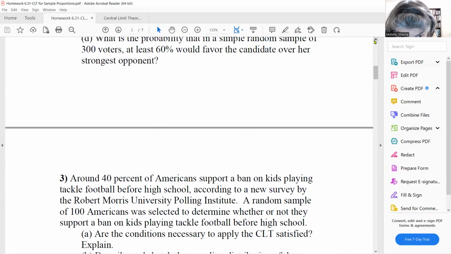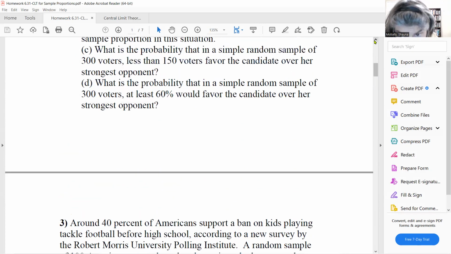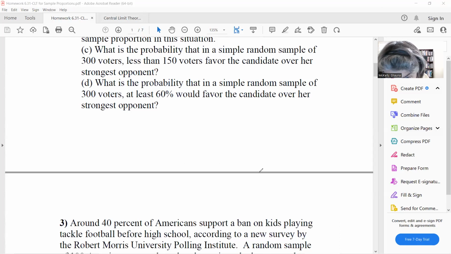So we have the percentage this time. Basically we just have to figure out which way we're going and plug it in. So let's look at the diagram here.